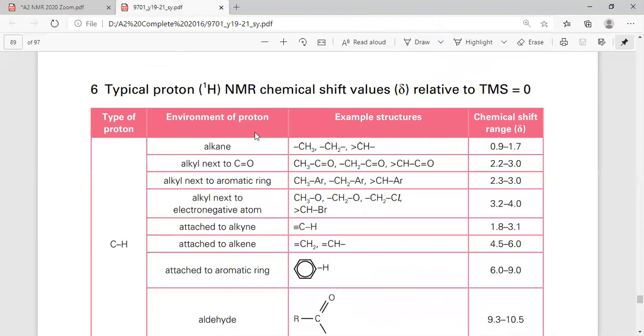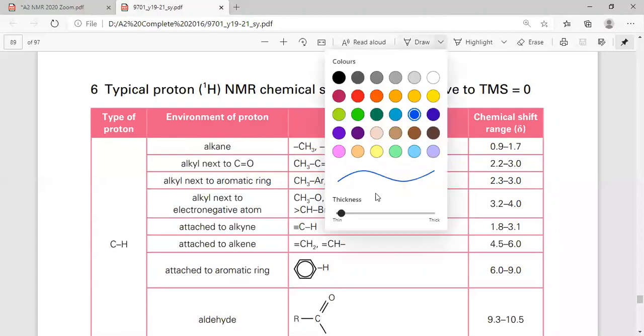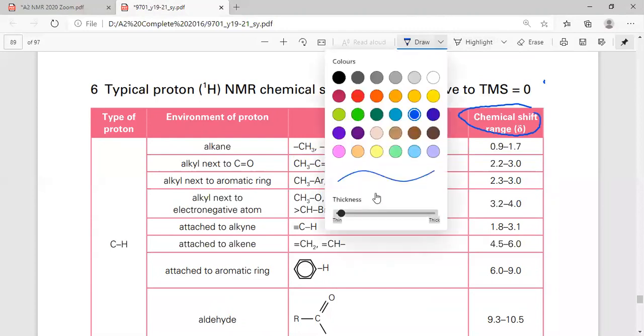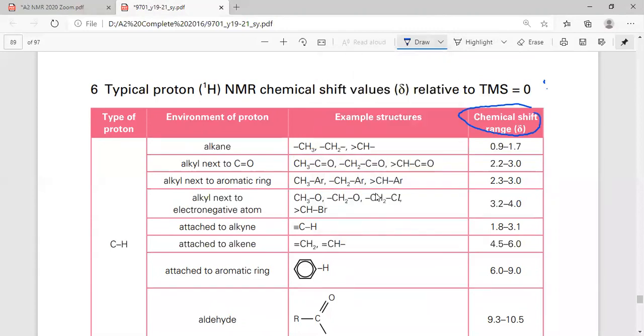Now in your data booklet, you can see the types of protons. Remember this is called the chemical shift, represented relative to TMS, tetramethylsilane.